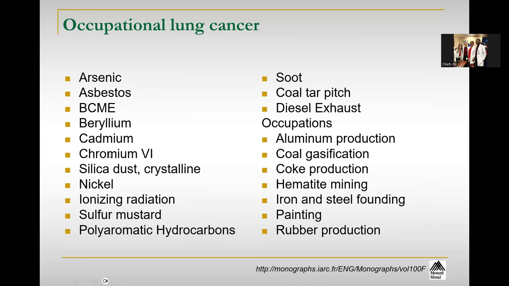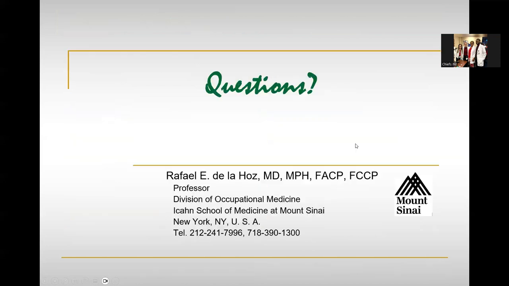Some metals like beryllium and nickel, diesel exhaust, polyaromatic hydrocarbons. Nobody's going to be surprised about that. Ionizing radiation. But there are also some occupations where it's not very well understood exactly which agent or combination of agents is related to the causation of lung cancer, but the epidemiology is pretty clear.